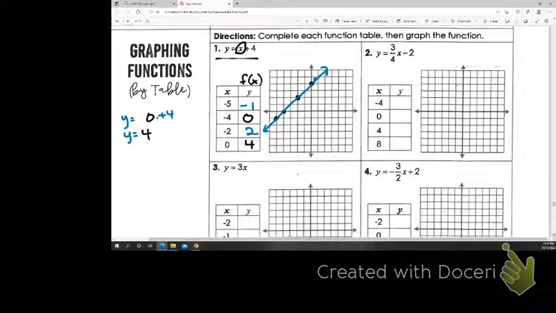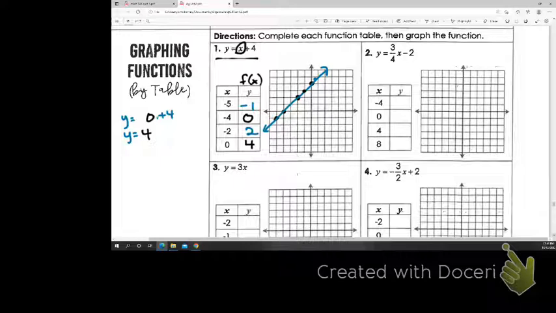But these other places where we see nice corners, like here, that would be negative 1, 3. Is negative 1 plus 4, 3? Yes, it is. So any point that the line extends through is also a solution for the equation.